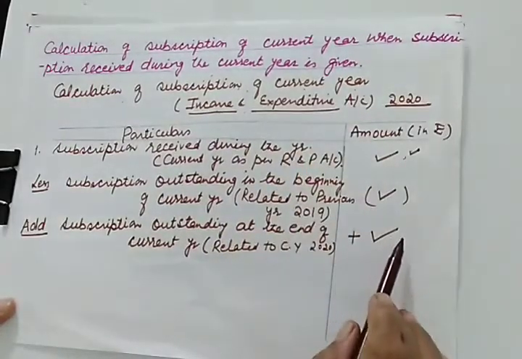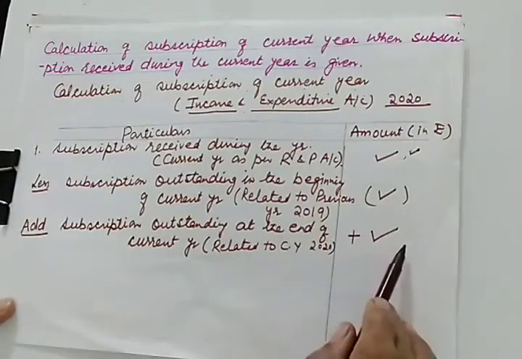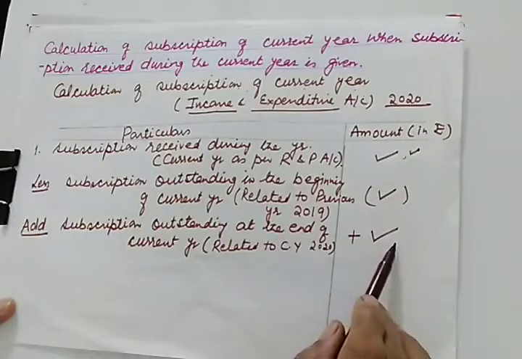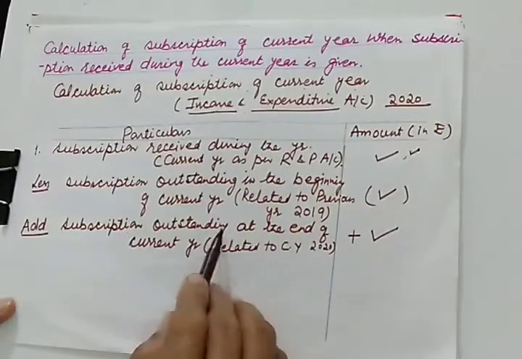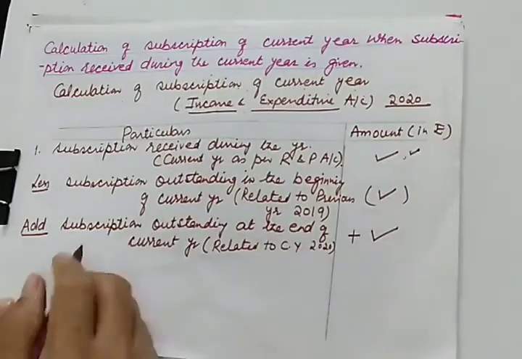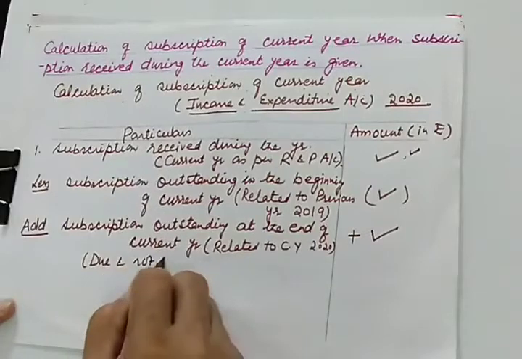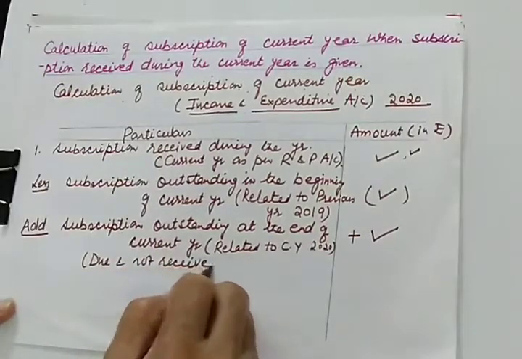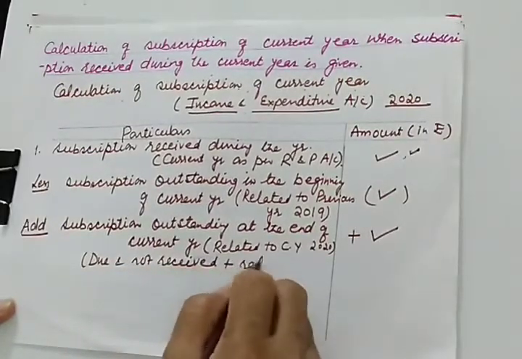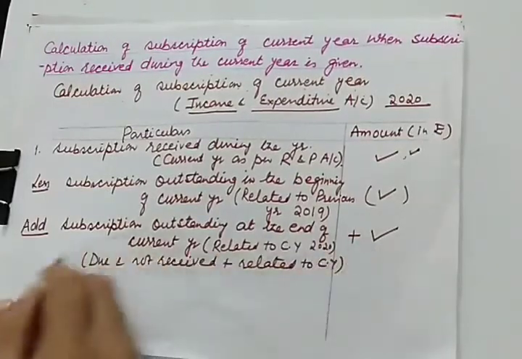So whatever subscription is due and not received but it is related to the current year will be added. I am repeating, this is a subscription which is due and not received plus related to the current year. So that's why it's being added.